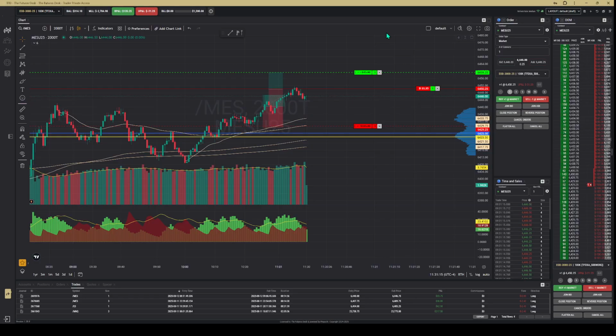But the reason why I'm not getting out of the trade is because we had a green volume bar. We had a volume surge to the upside above the 10 period average for this last 2,000 tick bar. So there were 2,000 trades that happened here. It was above the 10 period average, and we got a green candle.